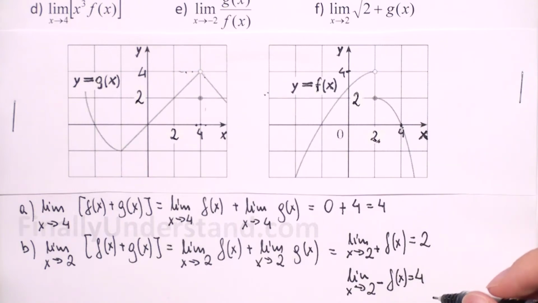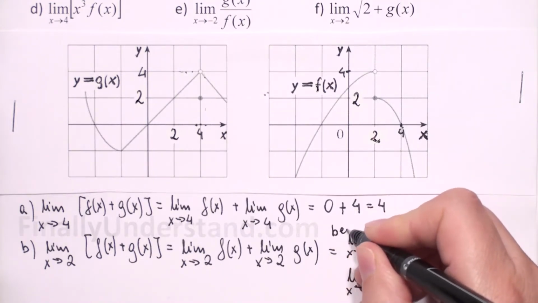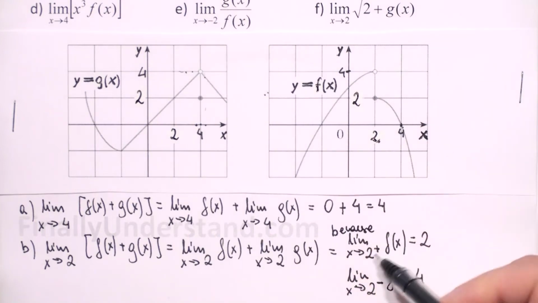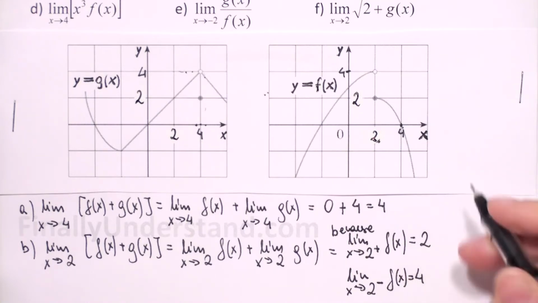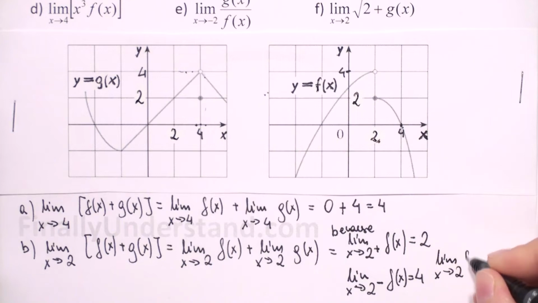So the limit as x approaches 2 of f of x plus g of x does not exist. Because the limit as x approaches 2 from the right and the limit as x approaches 2 from the left are different, the limit as x approaches 2 of f of x does not exist.